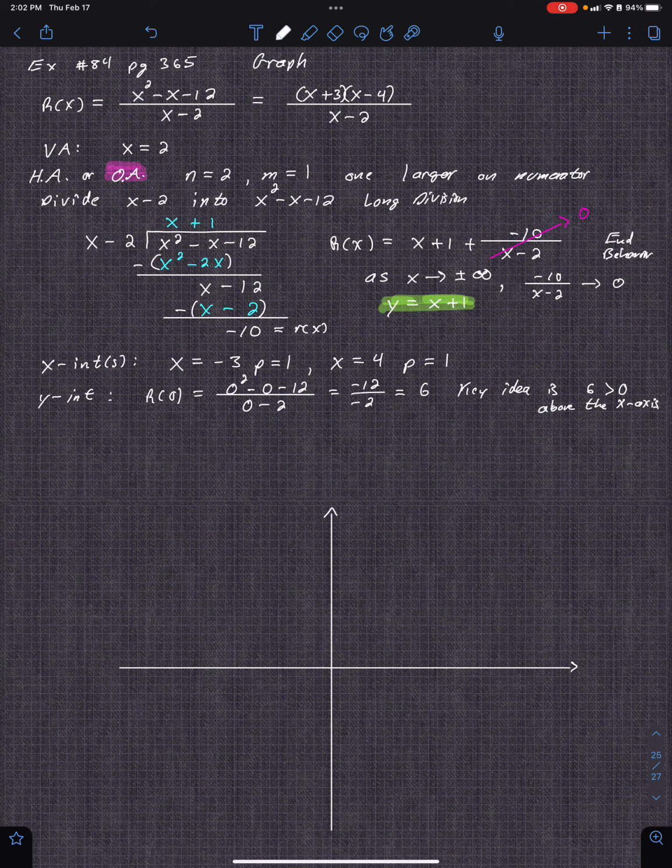So what we have then is the line, we can graph the oblique asymptote y equals x plus 1. So it's up 1. Let me show it to you like this first. So it's up 1 with a slope of 1. So up 1 over 1. So it's basically this slope, right? One slope and shifted up 1. And that's what the graph eventually approaches.